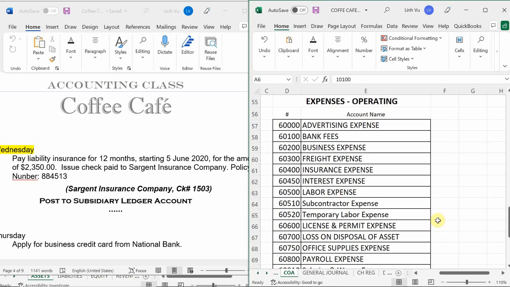Now, in this case, we can only use insurance expense for the current month. So that means I can only use insurance expense for just the month of June. So what happens to the other 11 months?